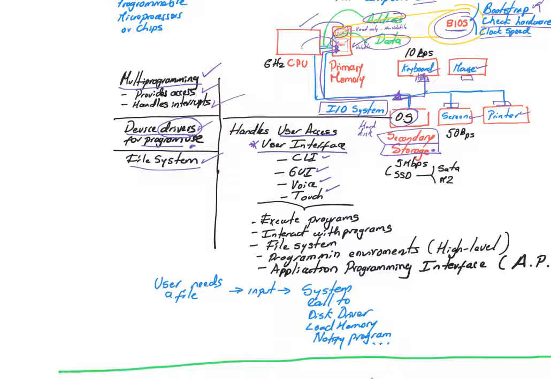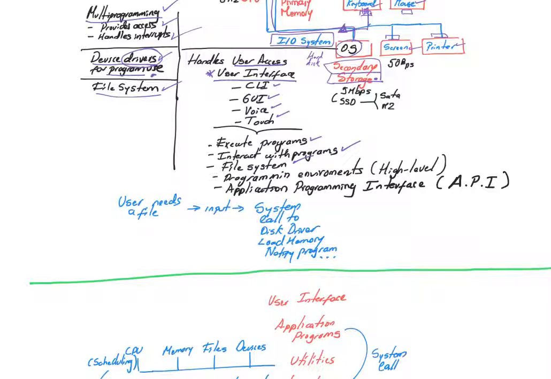And it handles, as I said, the input-output devices, and it executes the programs and interacts with the programs. It provides an interface or a means of interaction between the user and the programs. And as I said, the file system, and it also provides a programming environment.